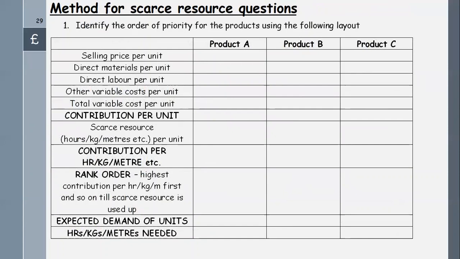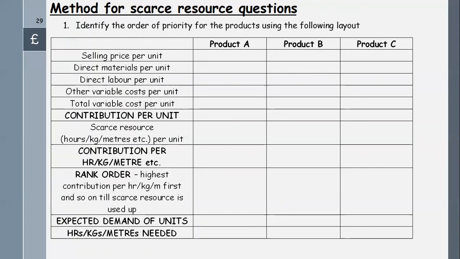The first stage is filling in the table that looks a bit like what's on the board now. I'm not going to talk through each individual thing right now because it's best doing an example together. But you should recognize the layout is very similar to our marginal costing up until the contribution per unit. Then instead of working out profit, we work out the contribution per resource, so per hour, per kilo, per meter, whatever our resource is.